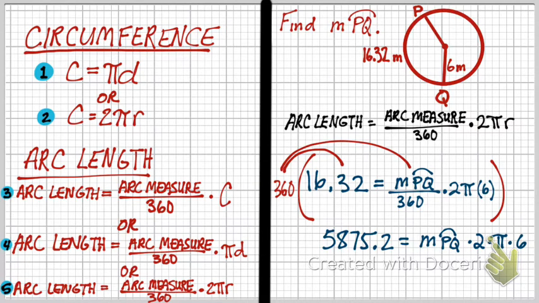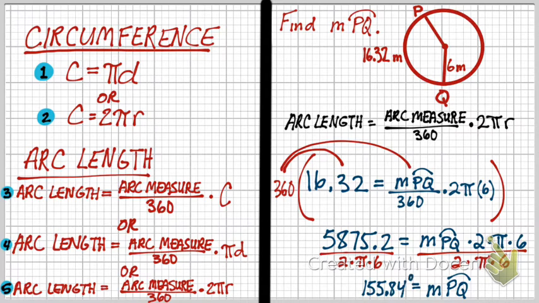Now, in order to solve this problem, I need to divide both sides of the equation by everything except for the measure of arc PQ. So I'm going to divide the right-hand side of the equation by 2 and pi and 6, and I'm going to divide the left-hand side of the equation by 2 and pi and 6. On the right-hand side of the equation, the only thing that will be left is the measure of arc PQ, and on the left-hand side of the equation, I will have the answer, which is 155.84 degrees.